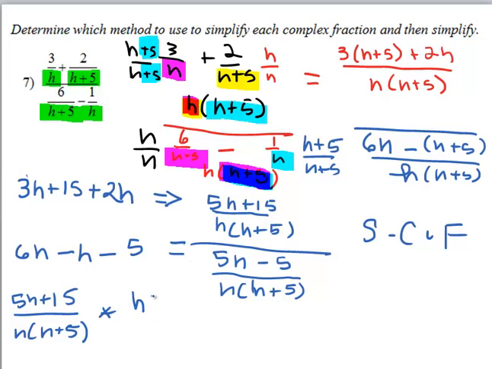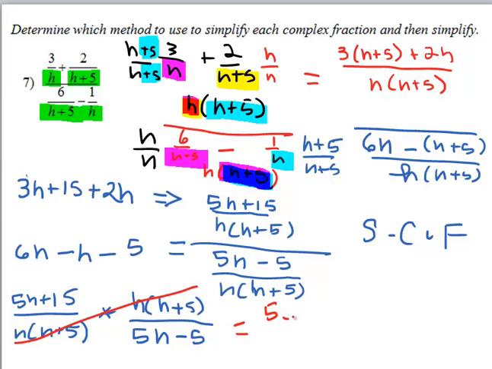So I have h times h plus 5 all over 5 times h minus 5. And we get to do some canceling. Only cancel across a multiplication sign, never across a plus or a minus. So I'm going to come to here and I'll have 5h plus 15 over 5h minus 5.